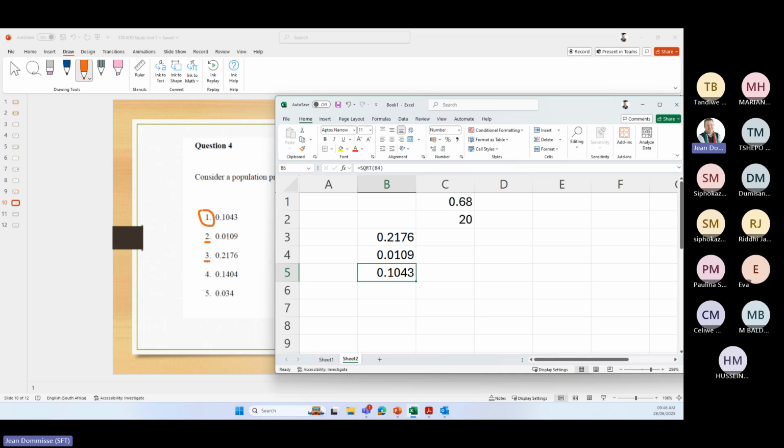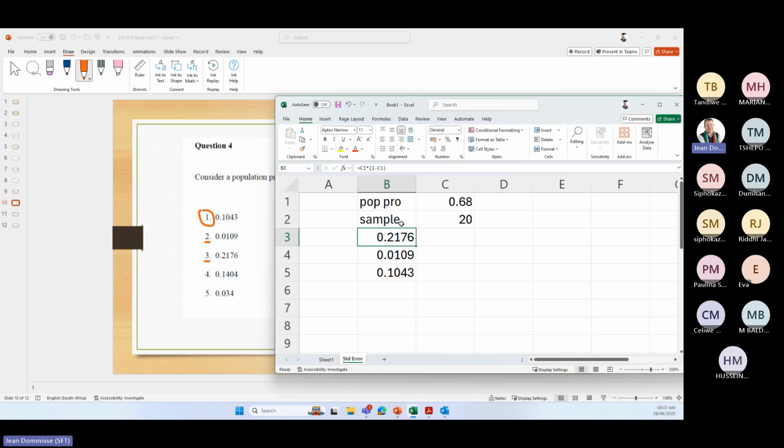Again, I will definitely share the spreadsheet with you guys as well, so that you can work with this. This is the population proportion, and that's the sample.